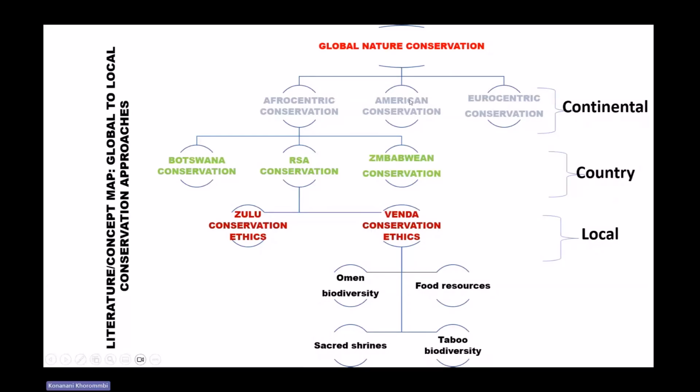So if you are studying an American culture, you might be studying a mixed culture. But if you come to Africa, you have got an Afrocentric conservation approach. Then you've got a number of cultures in Africa, but the people in Africa mostly have been blacks, so their cultures are related. So you can see that the global context of your literature will differ from your continental concept of literature.